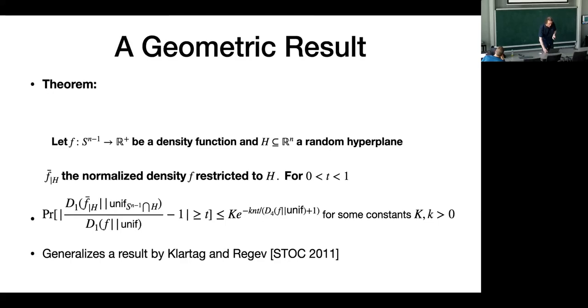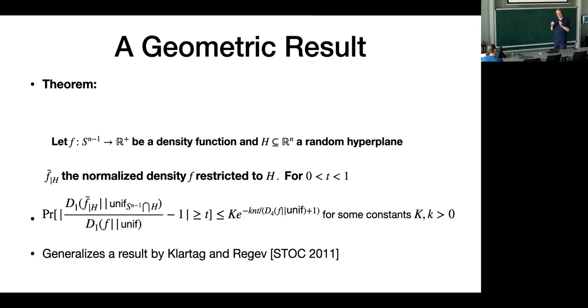The ingredient there is this so-called equator sampling. It's a generalization of Klauck and Regev that I won't explain in detail. What Klauck and Regev have is a subset of the sphere of a certain measure. You hit it with a random hyperplane and you look at how large the induced subset on the sphere inside that random hyperplane is.